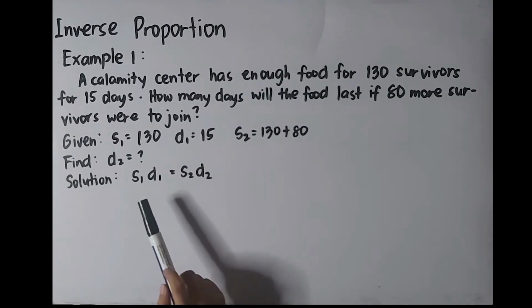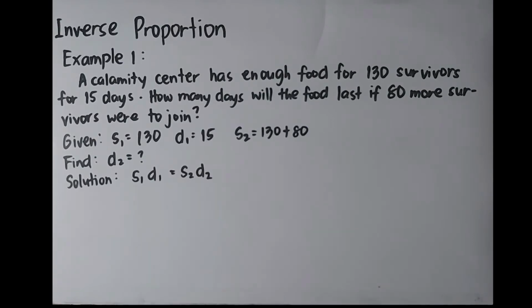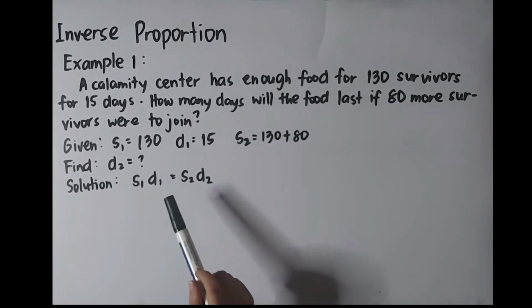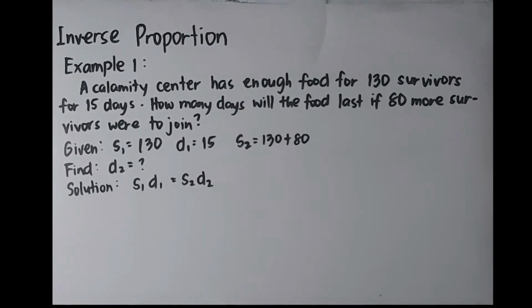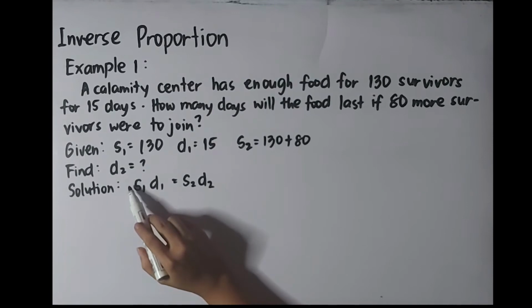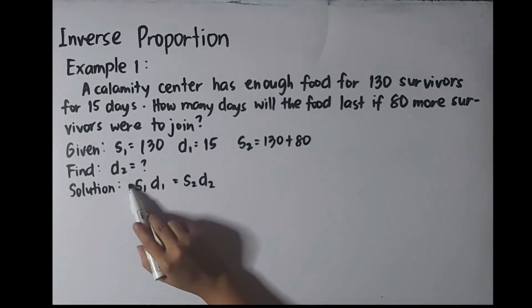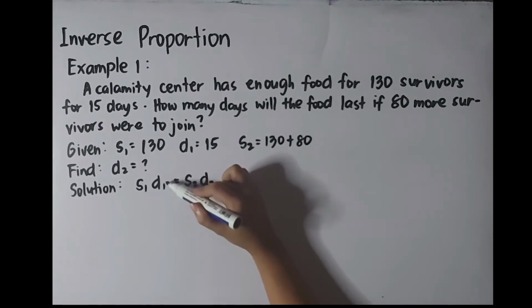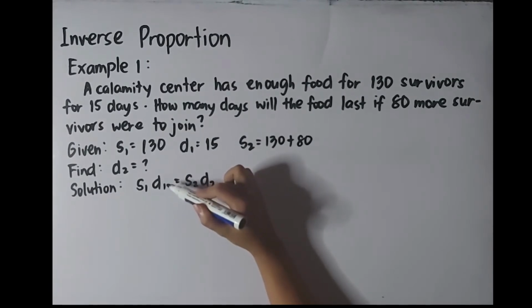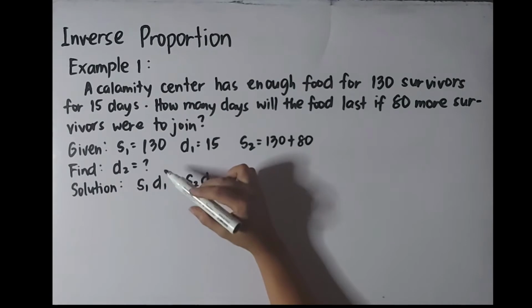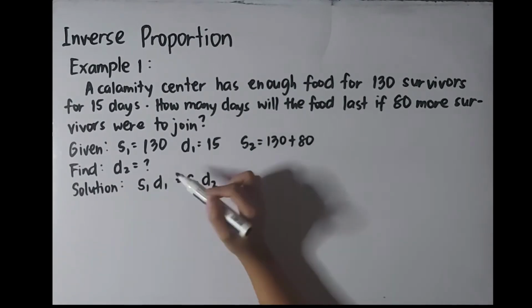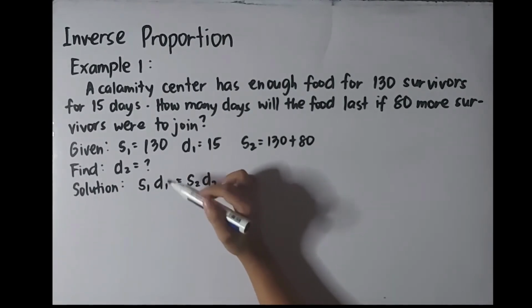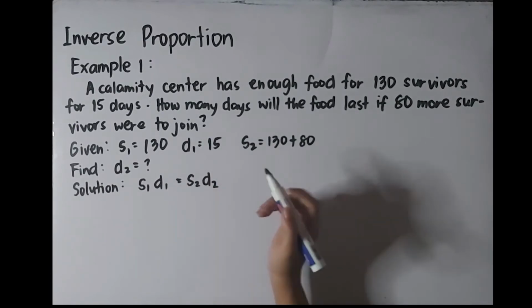This variation, inverse variation, is symbolized this way. If your S will increase, your D will decrease. So let us prove that.